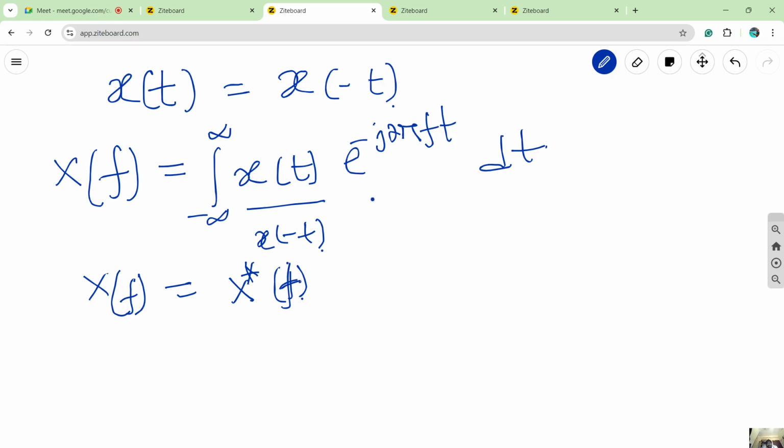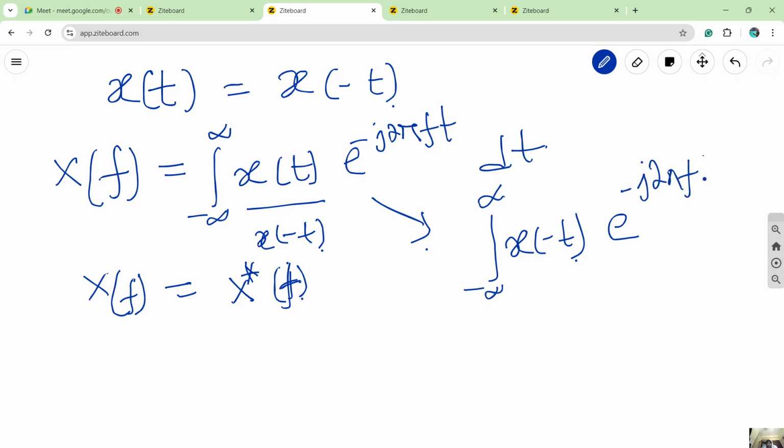How does that come? Because if we take it like this, from minus infinity to infinity, it will become x of minus t and e to the power minus j 2 pi f t. Because if we take a conjugate term here, it is even, so it does not change. Only this negative part comes.